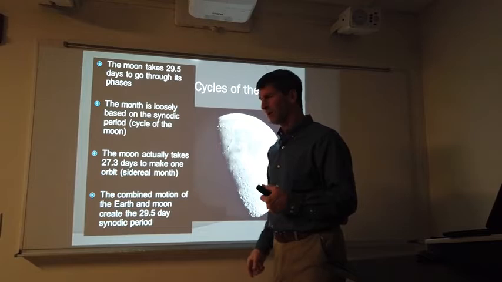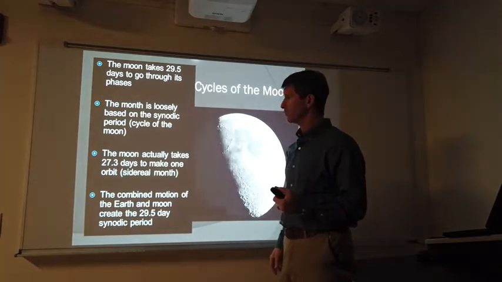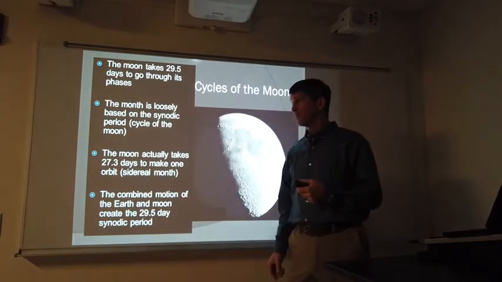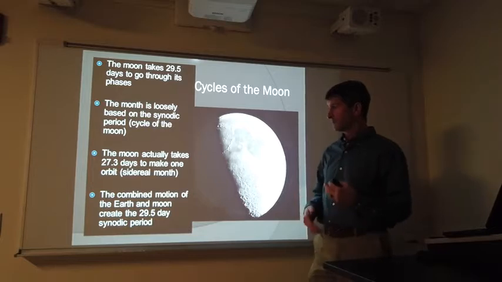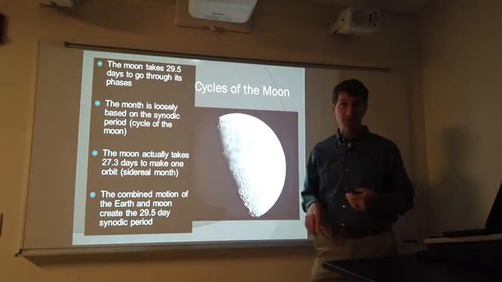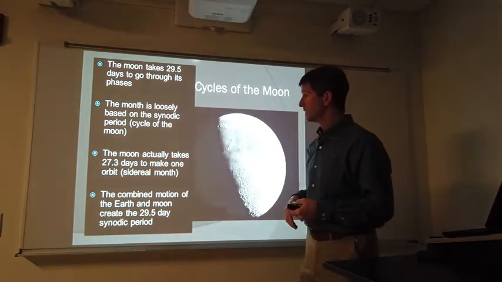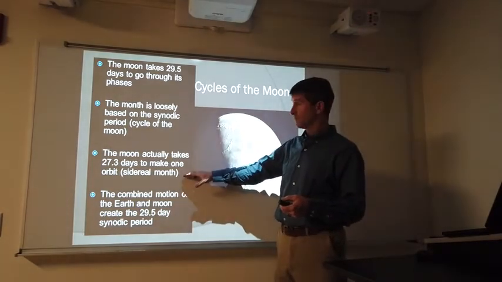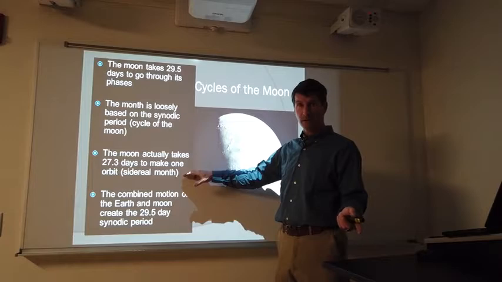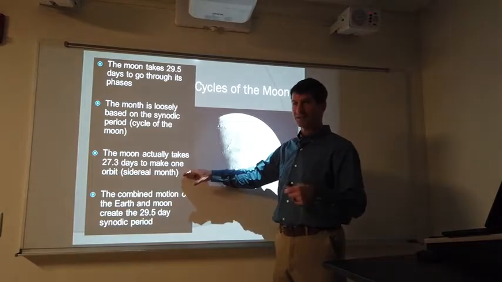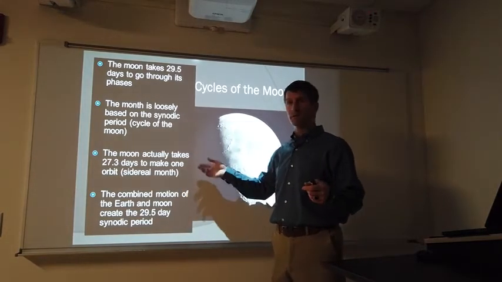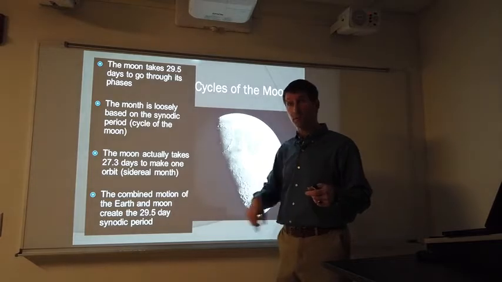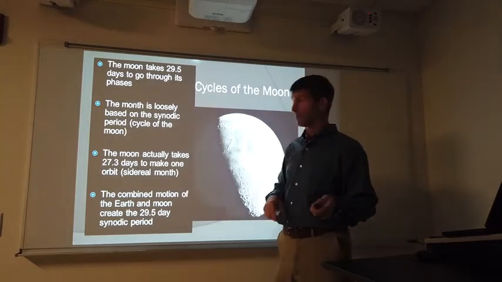But actually, the moon only goes around the Earth in 27.3 days. The reason why we have this difference in what's called the sidereal and the synodic period is because the position of the moon in the sky, as it relates to the sun, is actually a function of the moon's orbit around the Earth, but also the Earth's orbit around the sun.